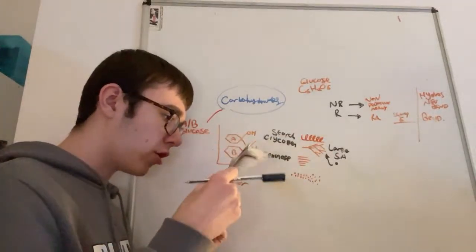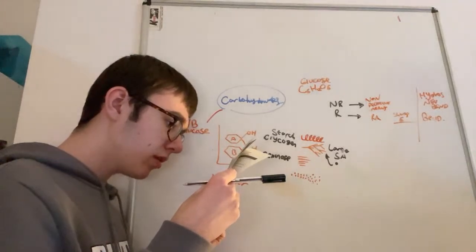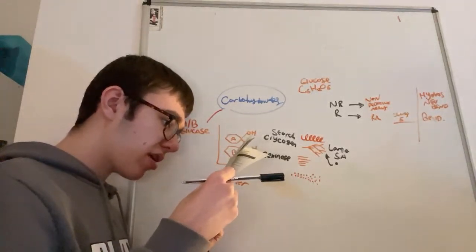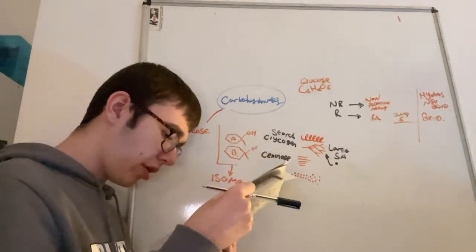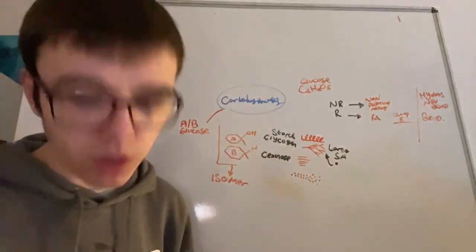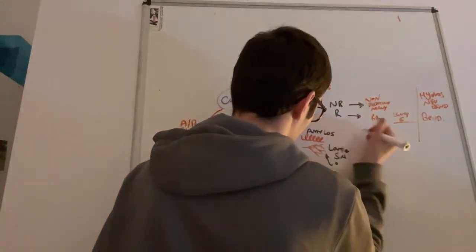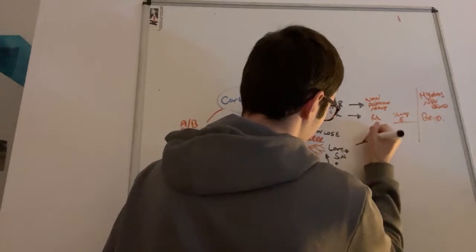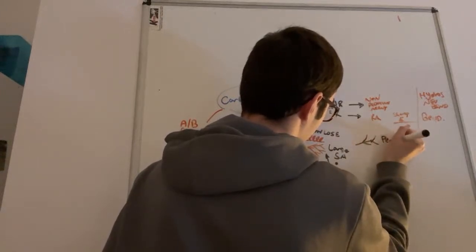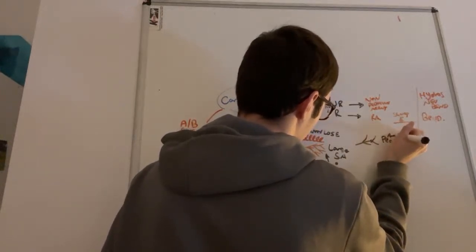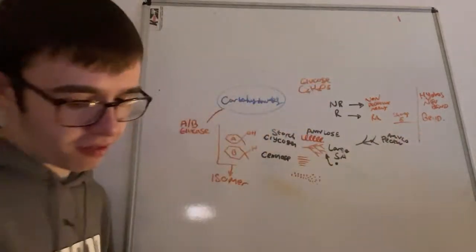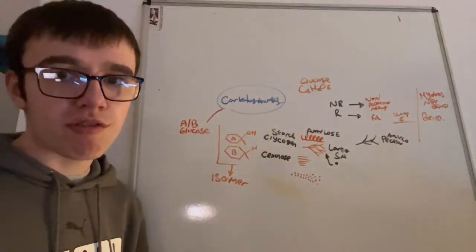Amylopectin is the coils. Oh, okay, no, I'm so wrong there. That is amylose. Amylopectin is this one. Amylopectin is the one that branches out.